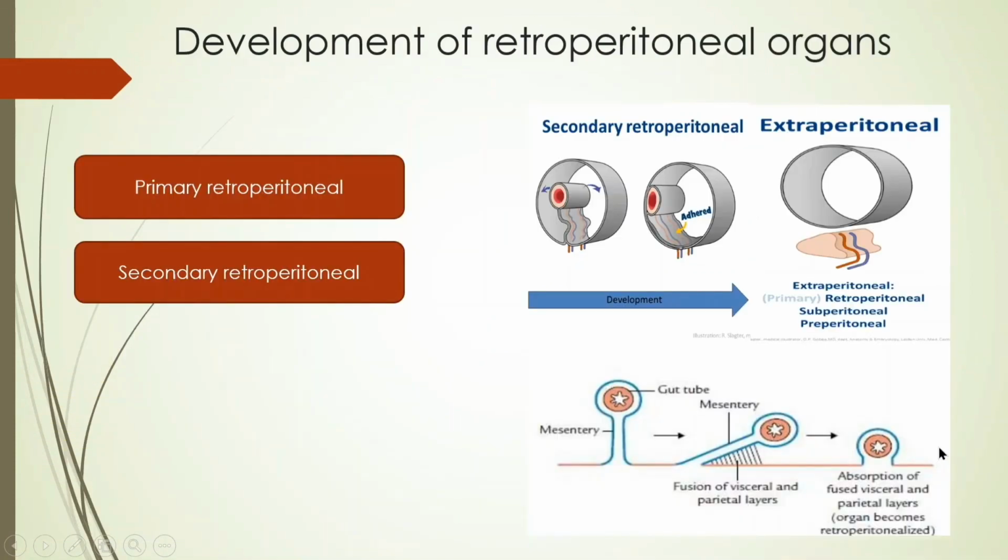Now the next topic, the last topic related to retroperitoneum, is the development of its organs. Retroperitoneal structures can be either primary retroperitoneal or secondary retroperitoneal.